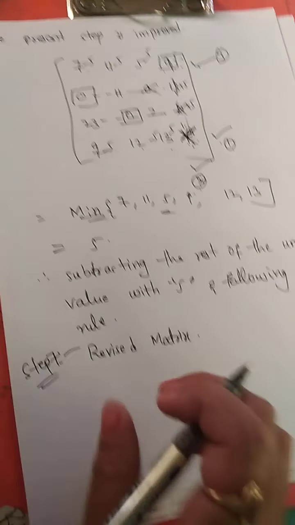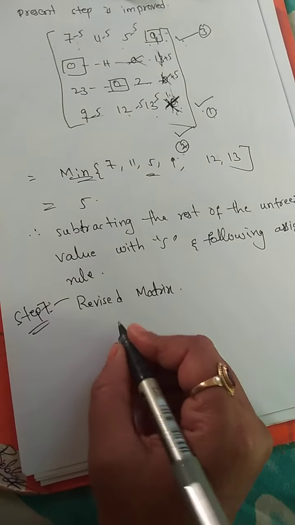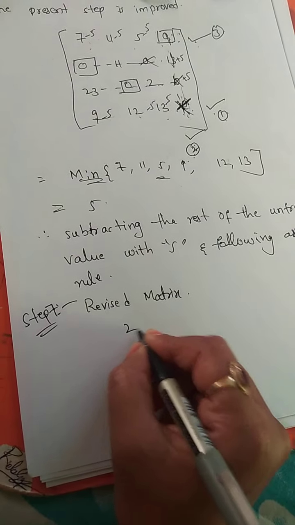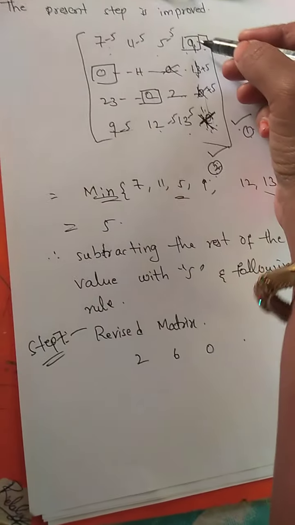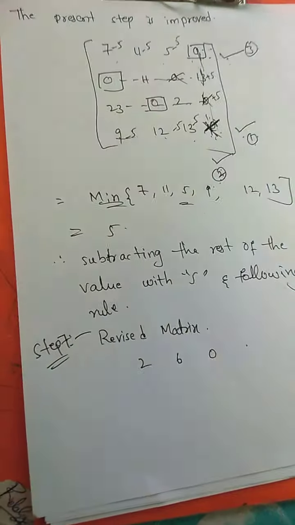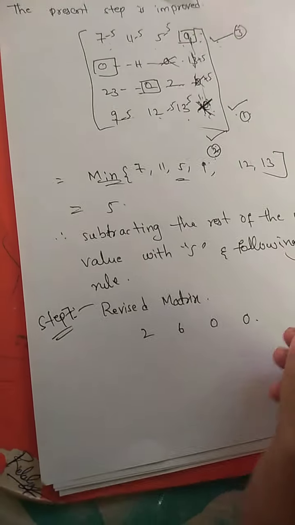So we get the values like this: 2, 6, 0. Here only one line is there, so that remains the same.